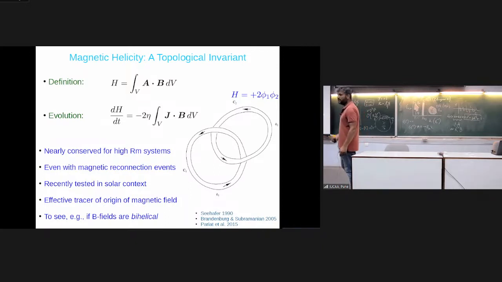But dH by dt is zero. It behaves resistively, which means even if eta is finite, it has been tested that this paper has essentially tested that it is nearly conserved even for high magnetic Reynolds number in the system.